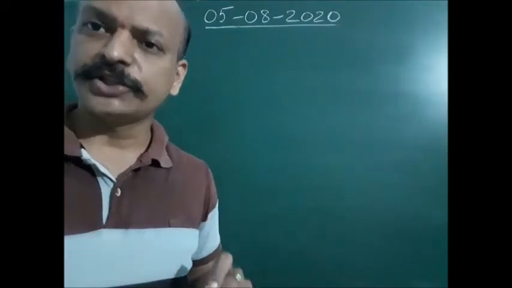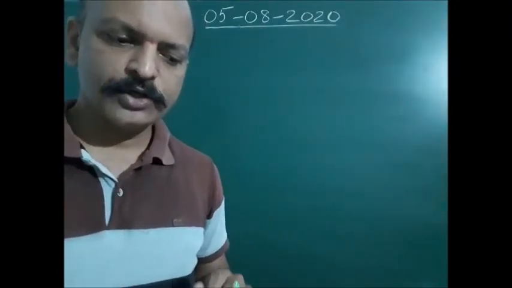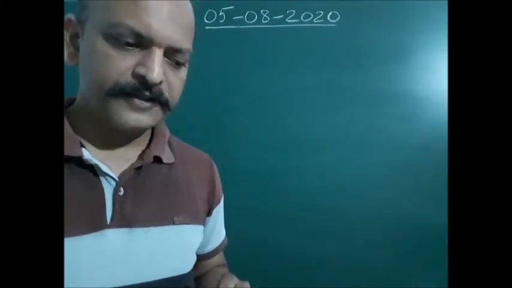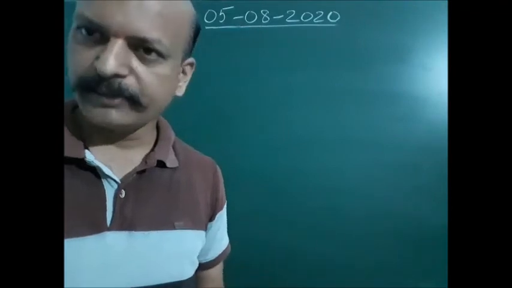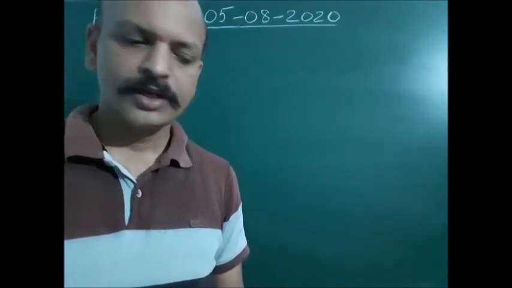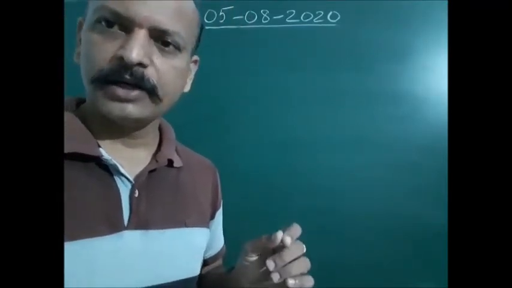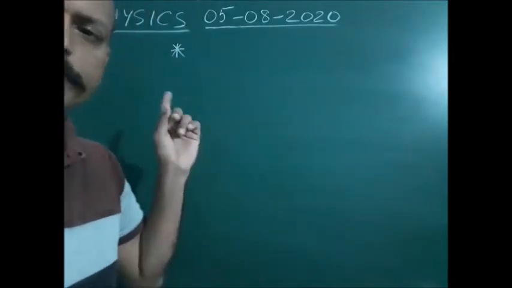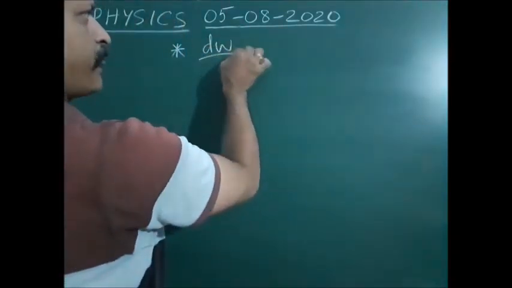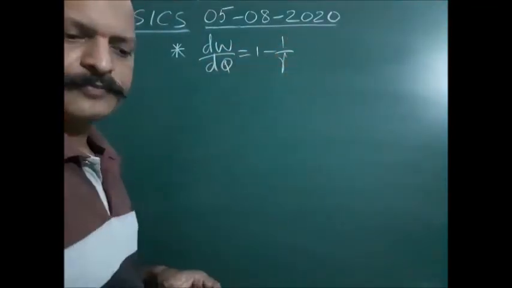Let us see the next additional question here. When some amount of heat energy is given to a monatomic gas, work done by the gas is 70 joule. If the same amount of heat energy is given to a diatomic gas, the increase in the internal energy of the diatomic gas is? Here, first work done is given out of some amount of heat energy. So we know that the fraction of work done for heat energy, dW by dQ, is equal to 1 minus 1 by gamma.